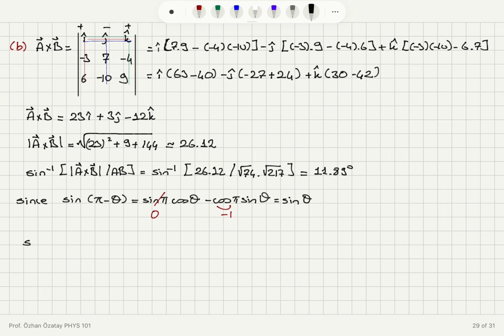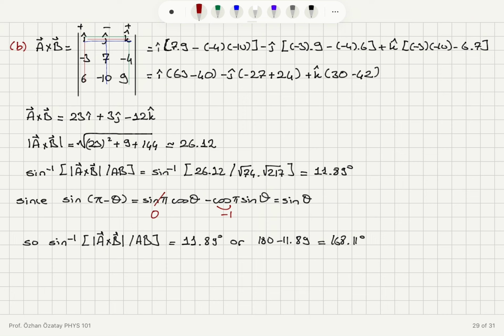Therefore, I see that sine inverse of the magnitude of A cross B divided by AB can be written as 11.89 degrees or 180 minus 11.89, which is 168.11 degrees.